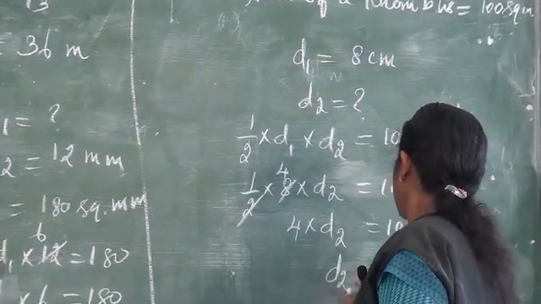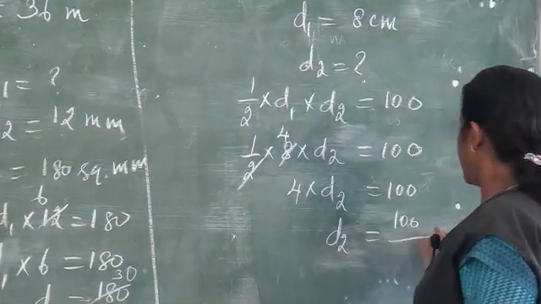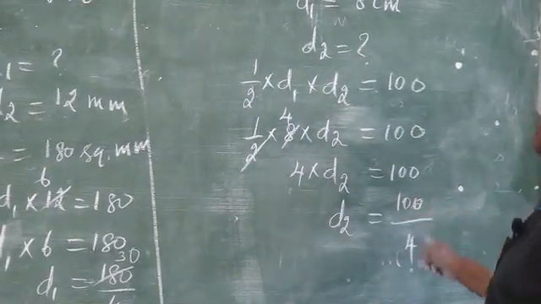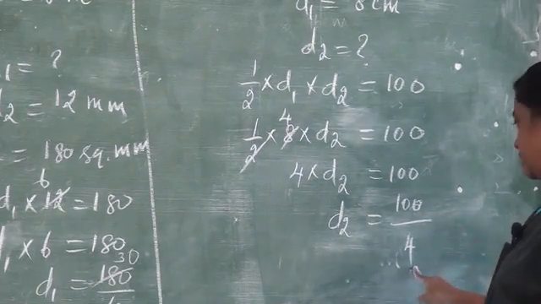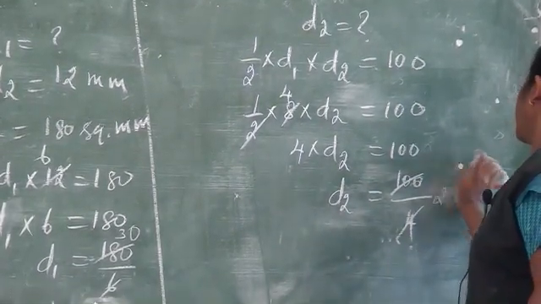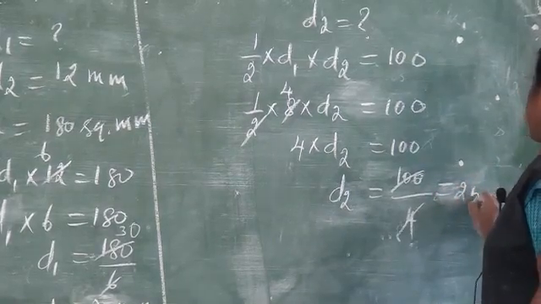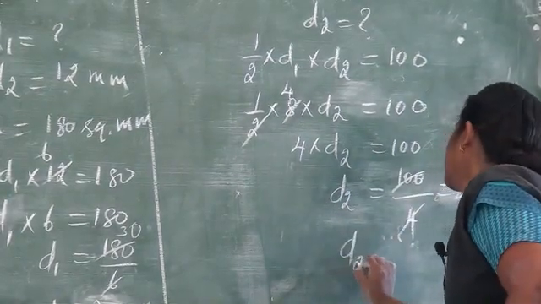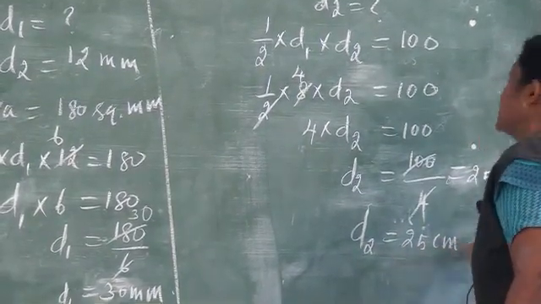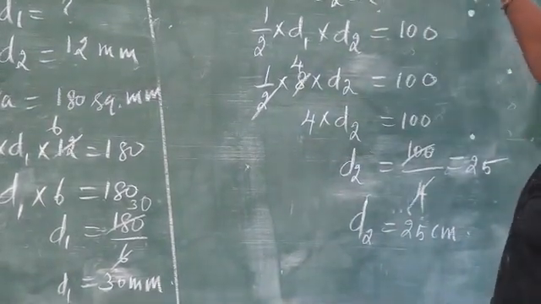Then D2 equal to 100 by 4. Here multiplication, it goes on that side. Division, 100 by 4. If you are cancelling, 25. So D2 equal to 25 centimeter.